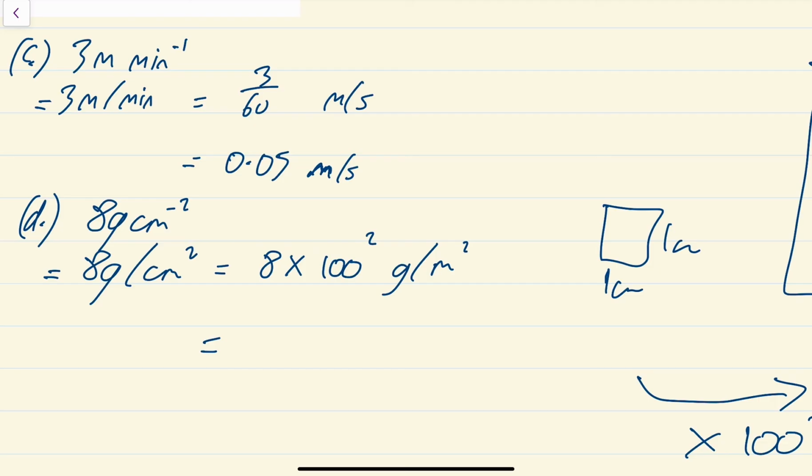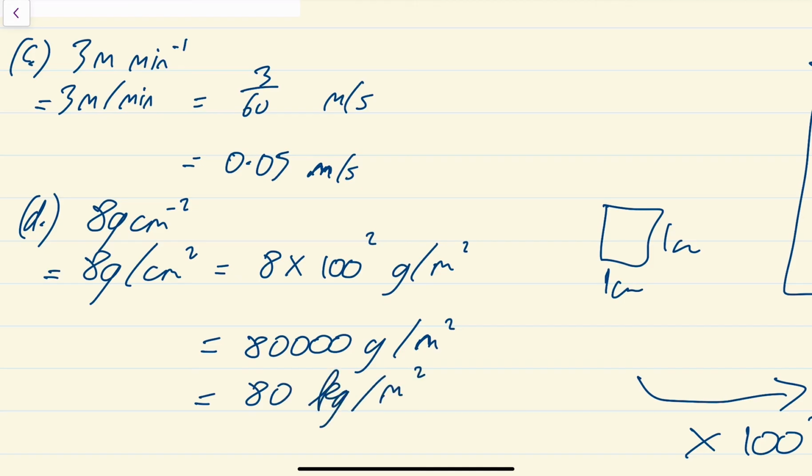I'll show you what I mean in a second. So that's going to be 80,000 grams per meter squared. And then if you want to convert that into kilograms, you divide by 1000. So it's just going to be 80 kilograms per meter squared.